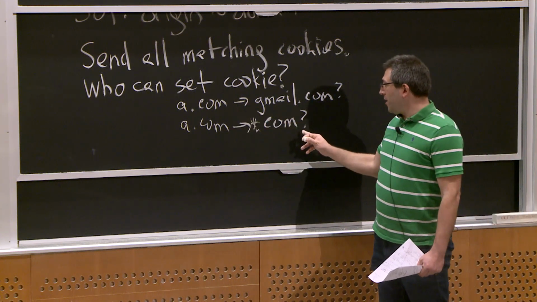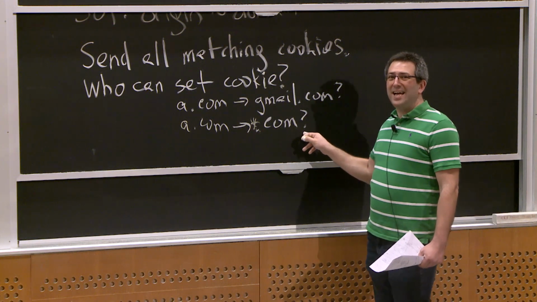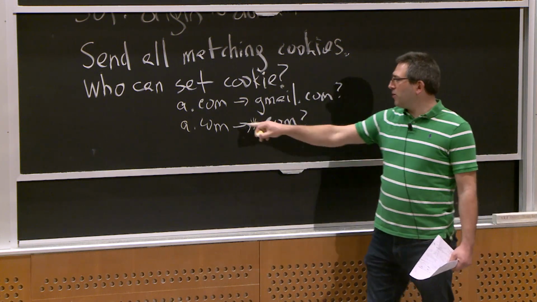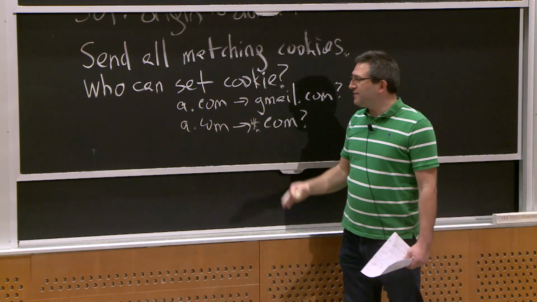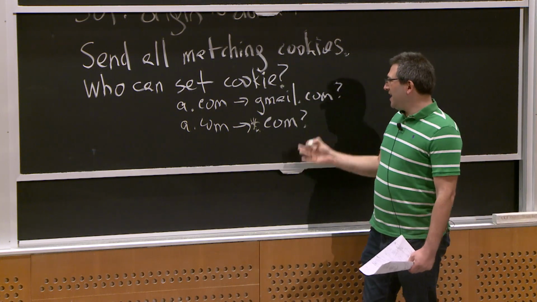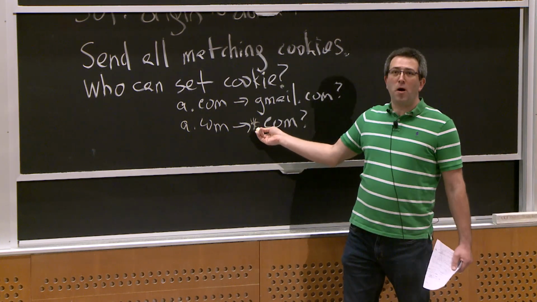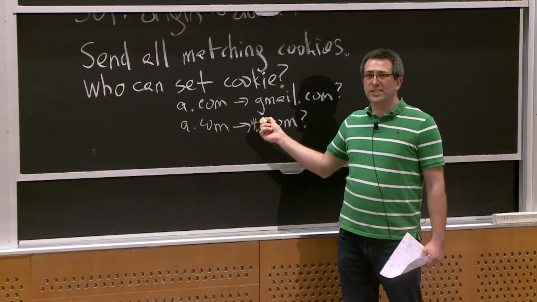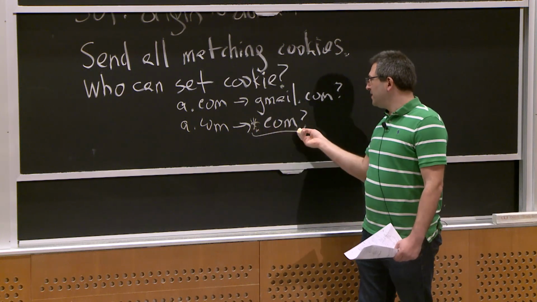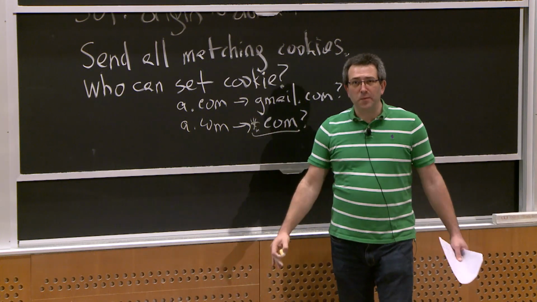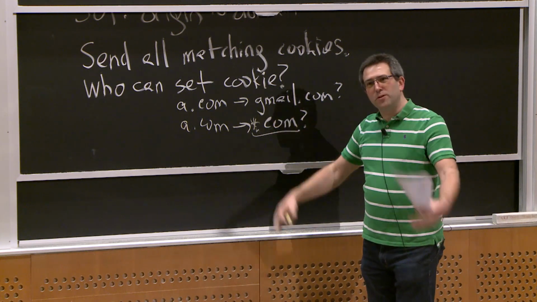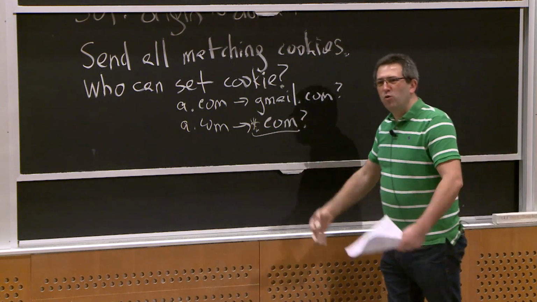But this would be a problem, because this would exactly allow this attack, where the attacker site, a.com, gives everyone a cookie setting the attacker's Google account for .com. And then those cookies will, of course, get sent to google.com, because it's part of star.com. Then you're in good shape. Or, sorry, the attacker's in good shape. They're able to force you into their Google account.